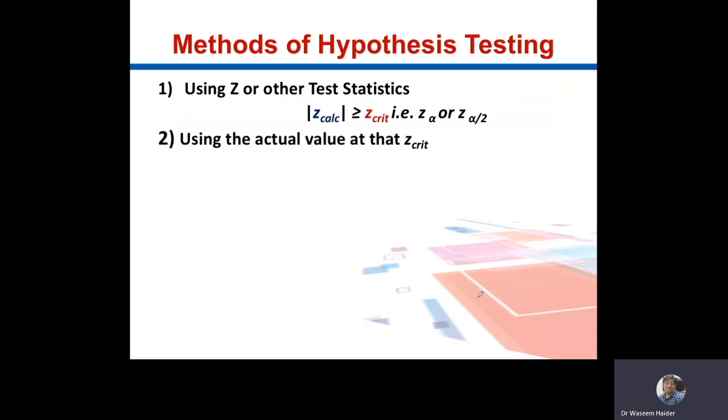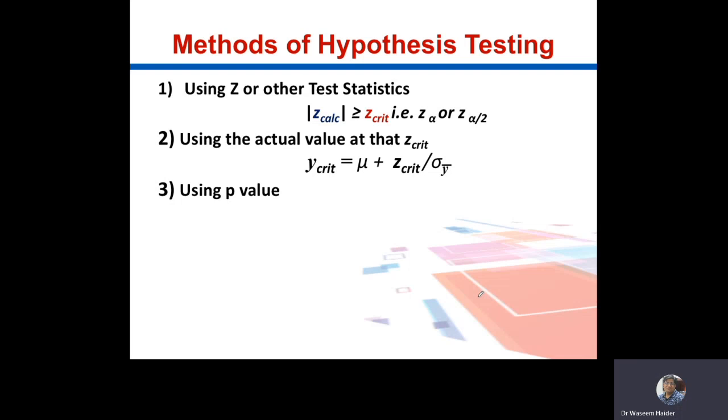We can be using the actual values of those Y bars at that particular Z critical. So Y bar critical, we call it the critical number. We get it through this formula: mu plus Z critical times sigma Y bar, that is the standard error.